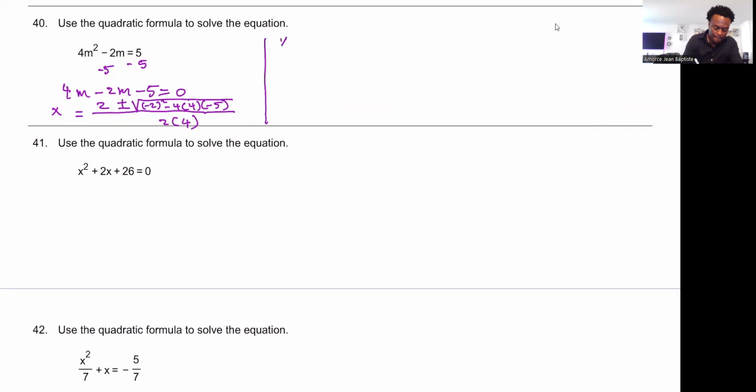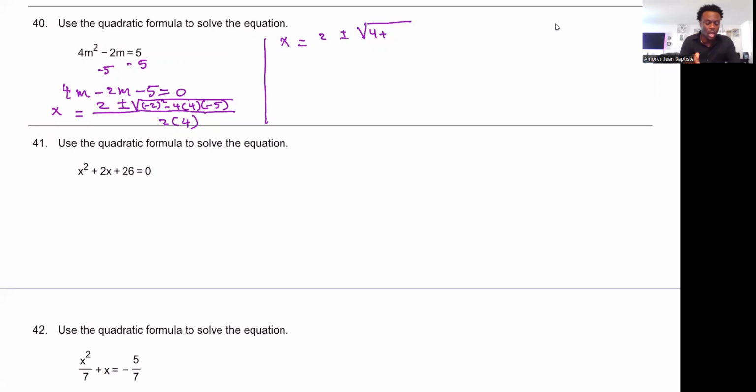And then now we can simplify the operations inside of the radical to get x equals 2 on the outside plus or minus the square root of 4 plus 16 times 5. I put a plus because I have a negative sign and another one to multiply.